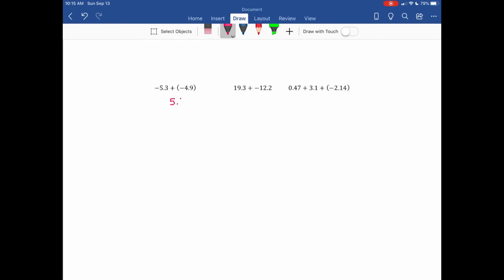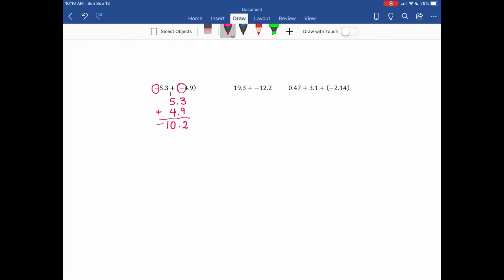So I'm going to take the sum of 5.3 and 4.9, making sure the decimals line up. And then we add them right up. 9 and 3 is 12, so I carried the 1. 5 and 4 is 9 plus 1 is 10, so 10.2, and I'm almost done. Right, I need to add the negative. So I've got -10.2.